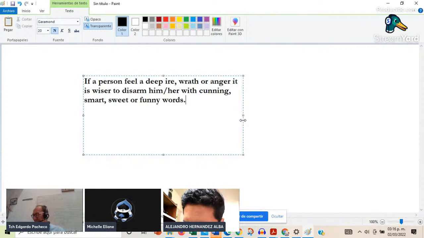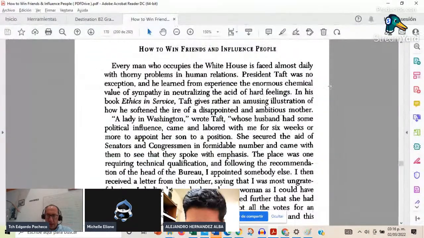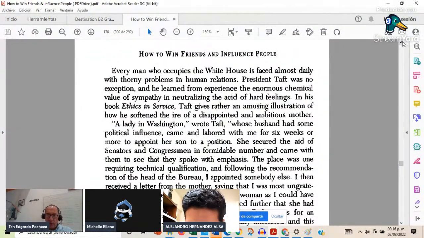Exactly, let's see what happens. Right, that's a great idea. Well, as you can see, this is sometimes easy to say, not so easy to do, but it's a good example. I would say that maybe Saturday we can continue reading this because it doesn't finish here. It has not finished yet.